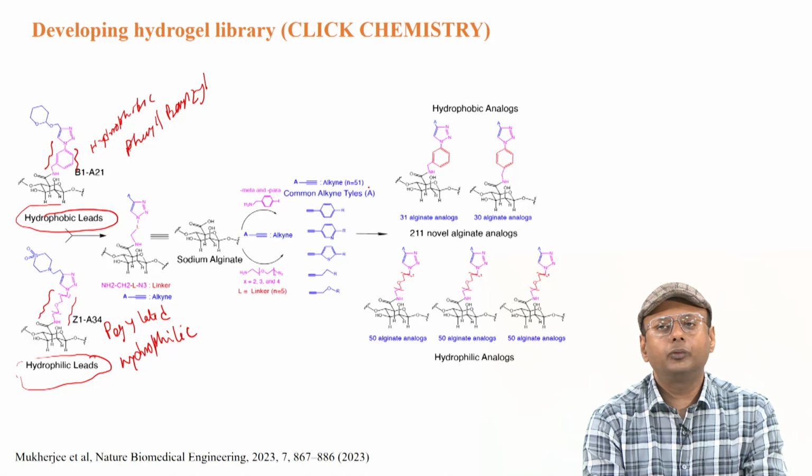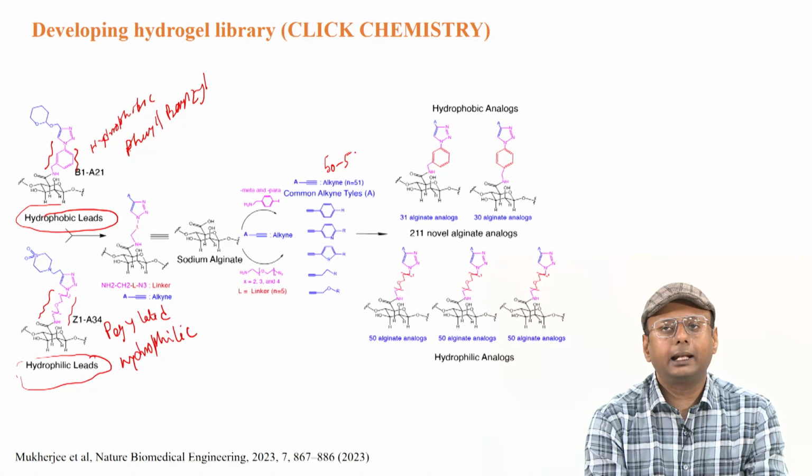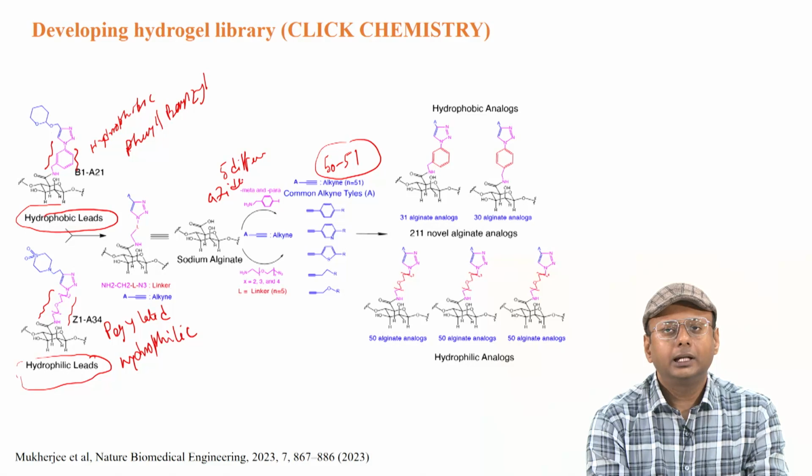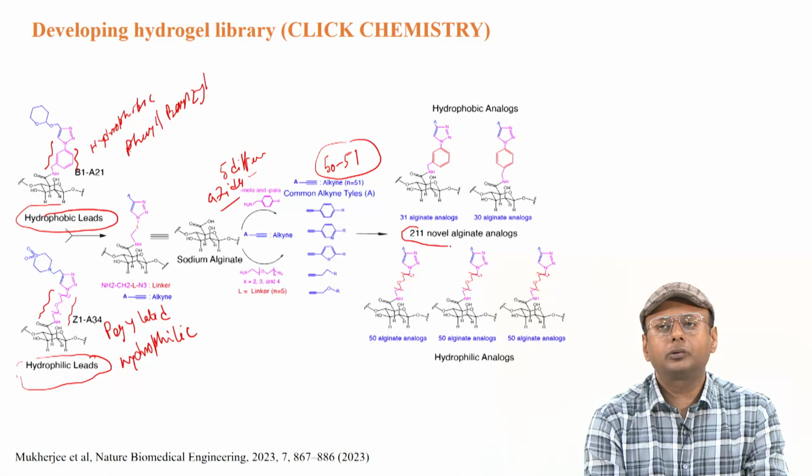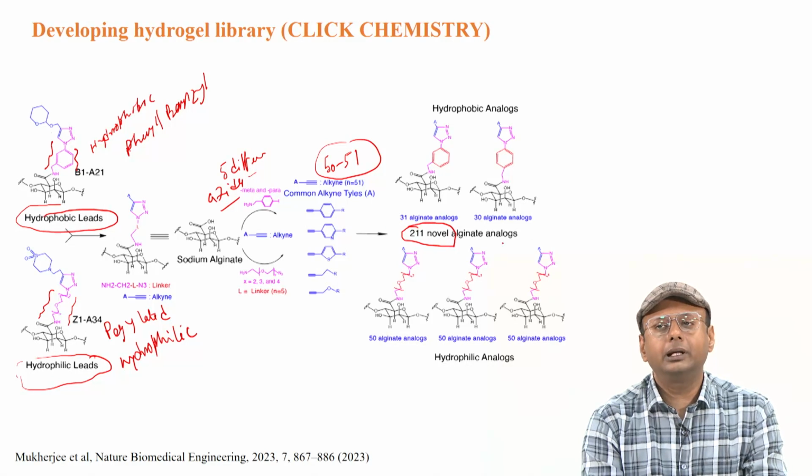And then we took 50 to 51 different alkyne combinations, and 5 different azide combinations, and with permutation and combination you can see we developed about 211 novel alginates that are conjugated with this type of triazole molecules.